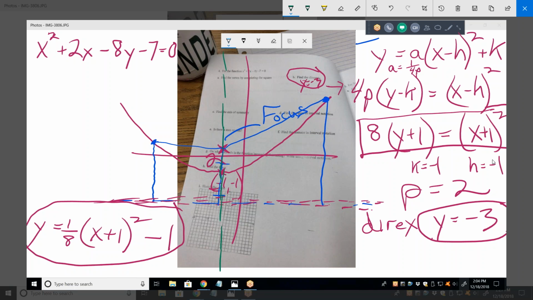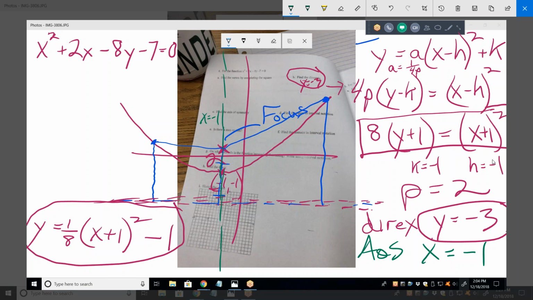It's the equation of that line, and that's also a line, so it needs an equation of a line. It's a vertical line, so it must be x equals something. -1. So the axis of symmetry is x equals -1.